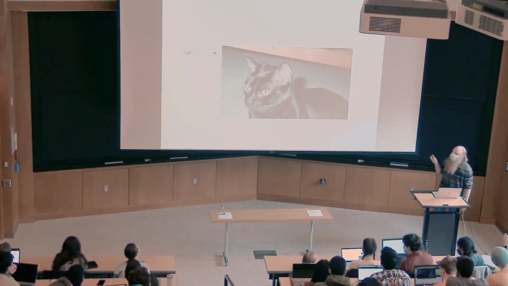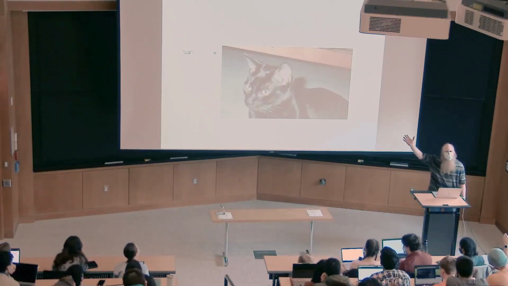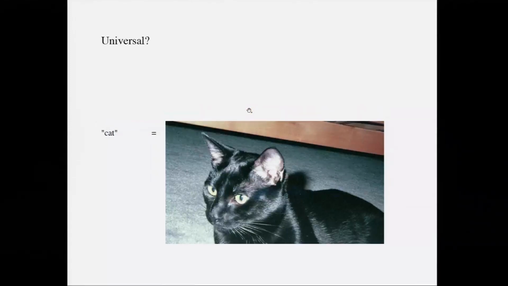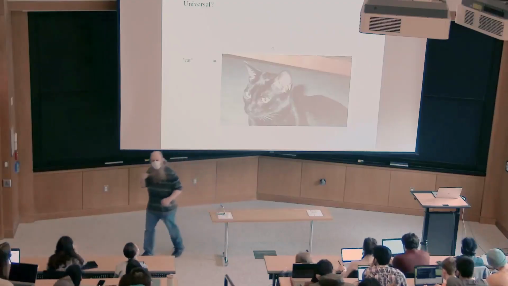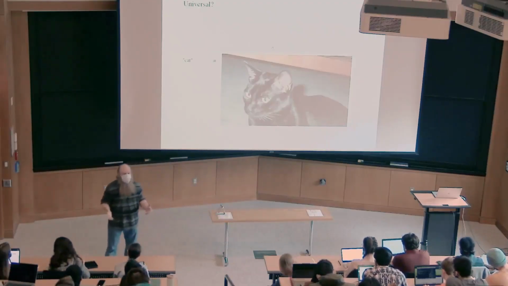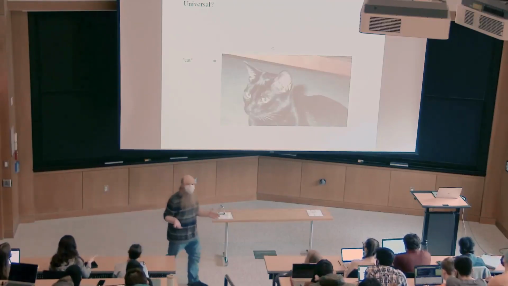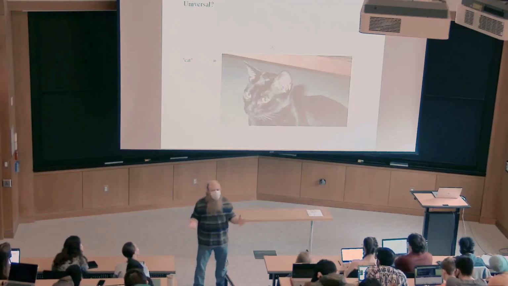So the word cat refers to certain kinds of things, including the thing that I've got a picture of here. Now, I said one of the things we're going to talk about is what things about language you have to learn when you learn your native language or any language, and what other things are universal.